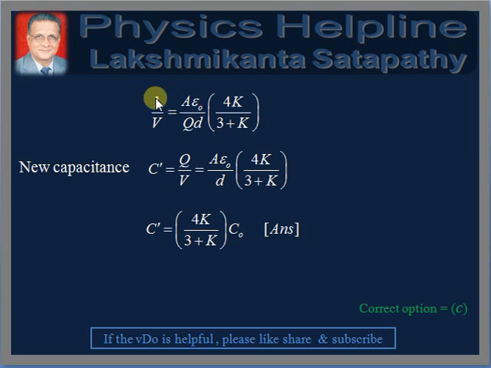When this Q goes to the LHS it becomes Q by V. So C dash is equal to Q by V, and whatever remains after this is A epsilon 0 by D into 4K divided by 3 plus K. Now we see that A epsilon 0 by D is nothing but C0, therefore we get C dash is equal to 4K divided by 3 plus K into C0, which is the answer to the question.